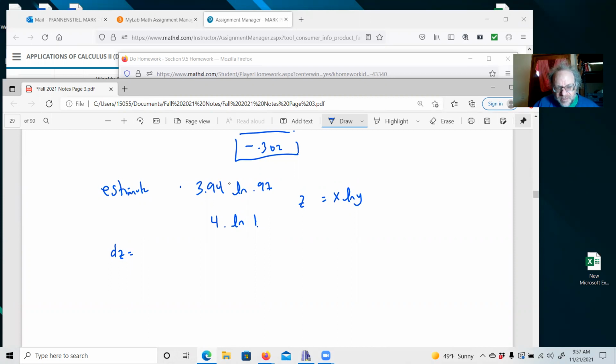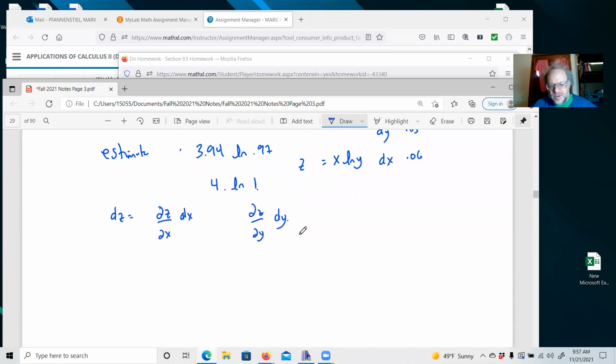So dz is going to be equal to the partial with respect to x times dx, plus the partial with respect to y times dy. Here my dy is 0.03, because it's 0.03 away from 1. My dx is 0.06 because I'm 6 pennies away from being $4. So that's what we want to do first.